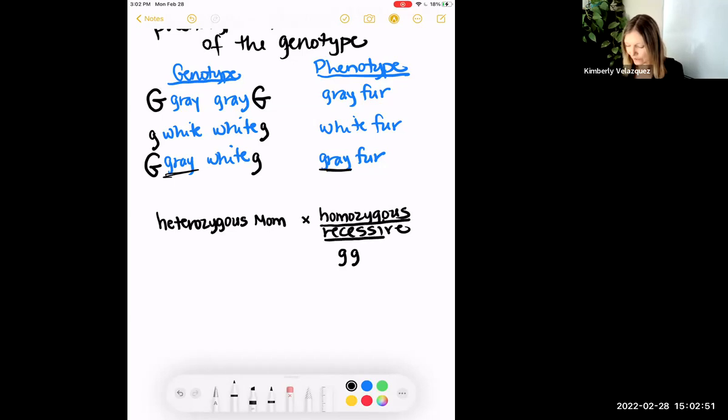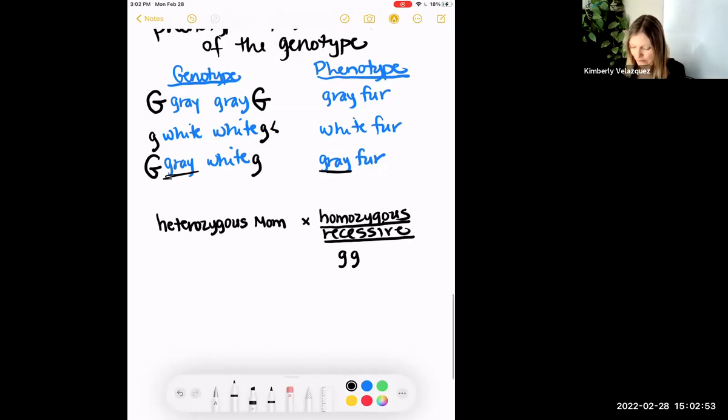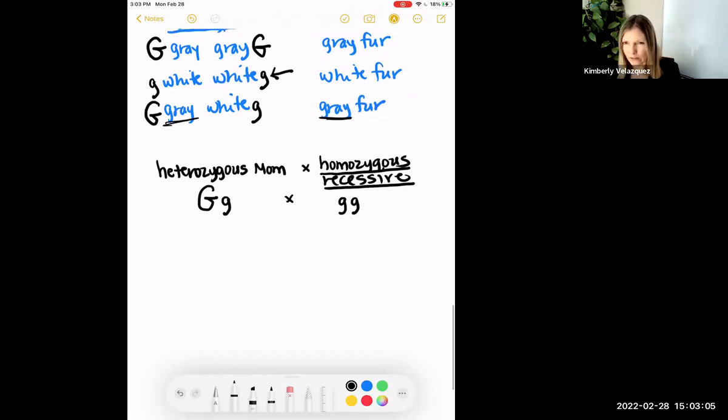And recessive tells you that it's 2 of the white gene. Mom is heterozygous, that means she's big G, little g, 1 of each. This is called a cross. We're crossing a heterozygous mom rabbit with a homozygous recessive dad rabbit. And we're just looking at one trait. So this is a cross that's just looking at one trait.